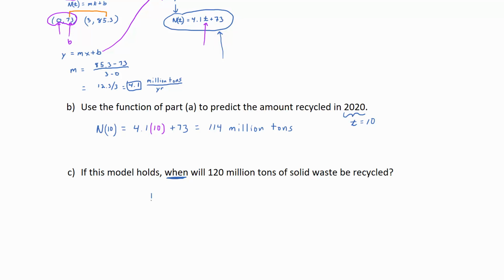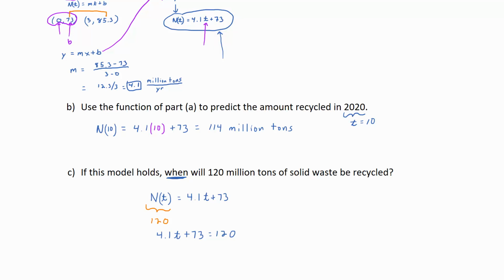So when that's the case, just take your linear function, your linear model, and we're going to be replacing n of t with 120. So that you end up solving the equation 4.1t plus 73 equals 120 if you want to turn that around, not that you have to.